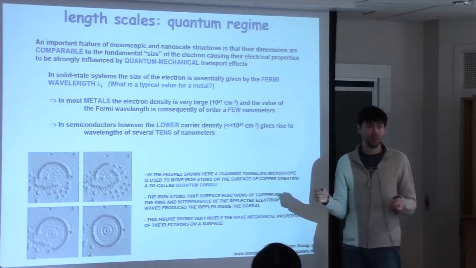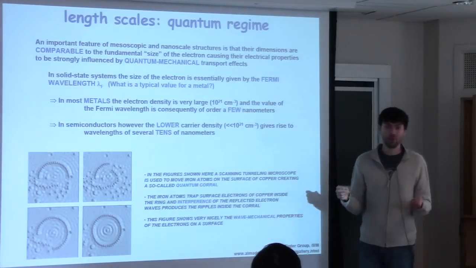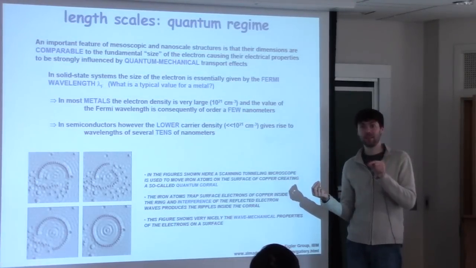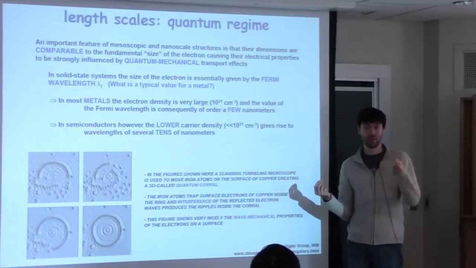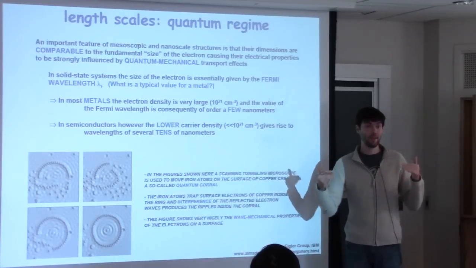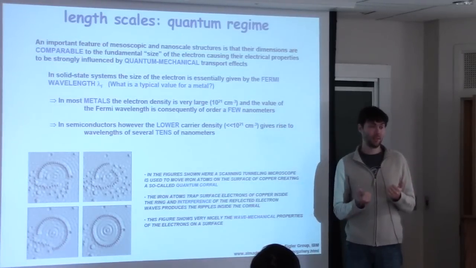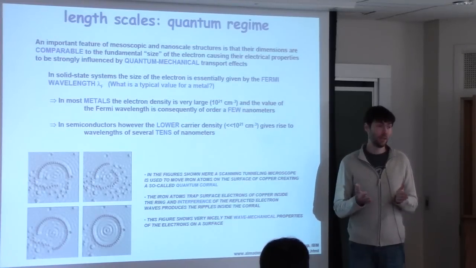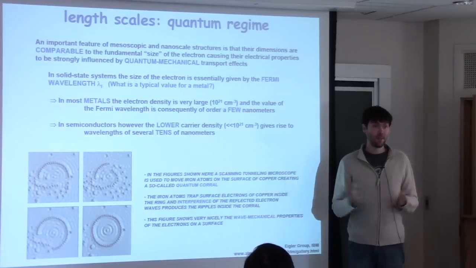Why is that? Because remember, you have to go into the reciprocal space, into K space, and every lattice site contributes a single electron to the system, and the level to which K space gets occupied is determined by the number of sites.